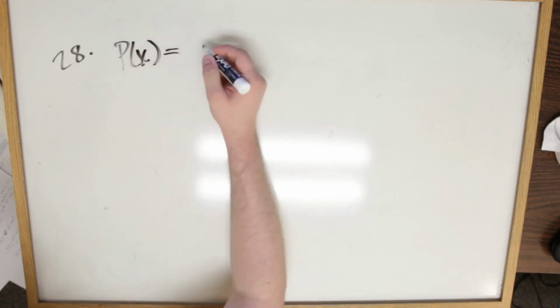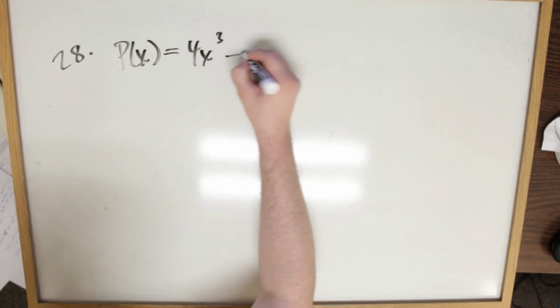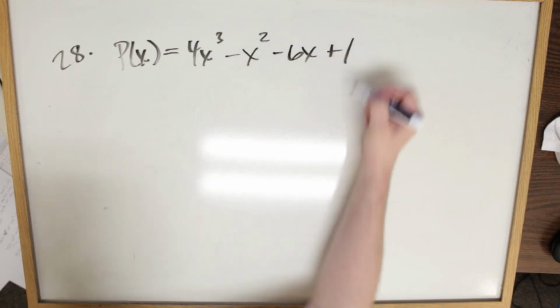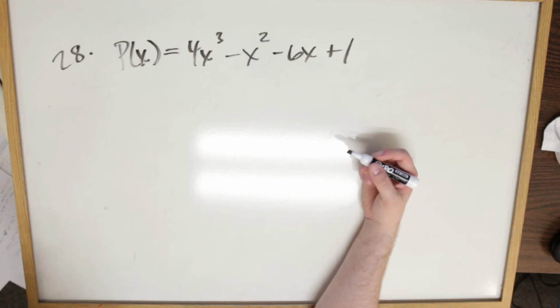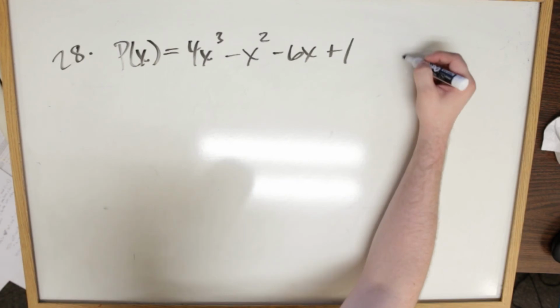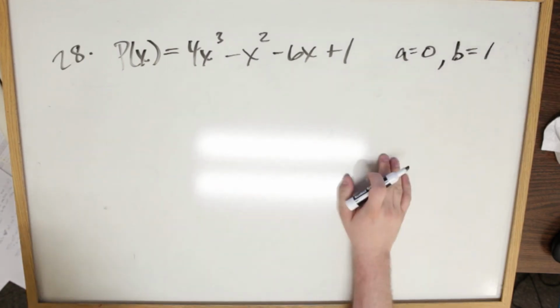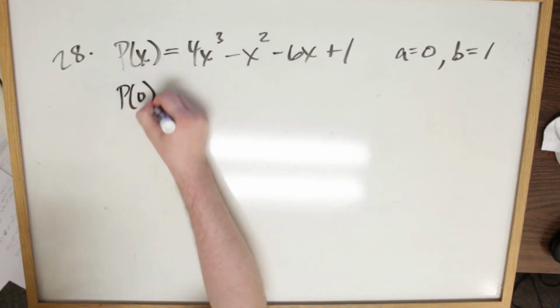P of x is going to equal 4x cubed minus x squared minus 6x plus 1. They give us the values a is equal to 0 and b is equal to 1, which means that we need to find p of 0 and p of 1.